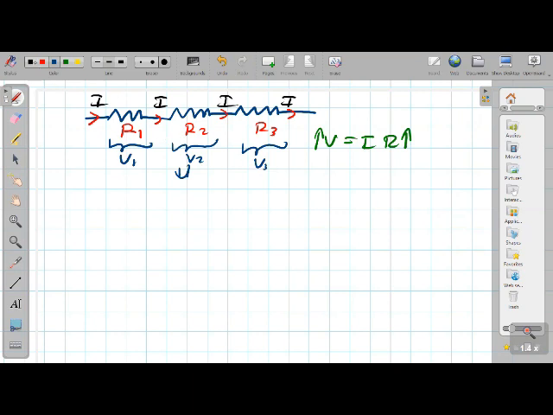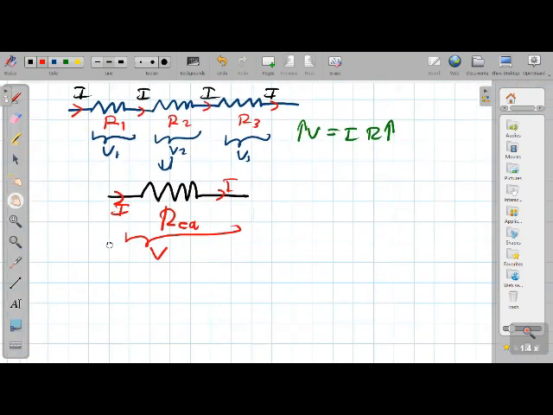So what is my final result that I'm going to get? This one has resistance R, the equivalent resistance REQ, and the same current I flows across it, and the voltage is V, right?